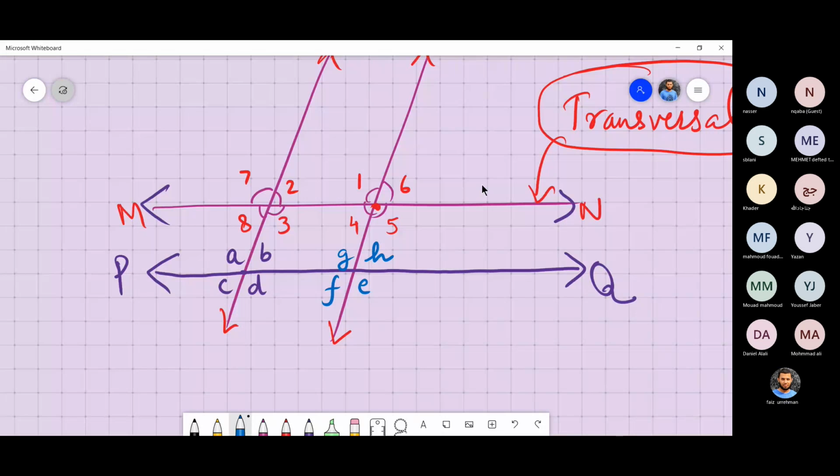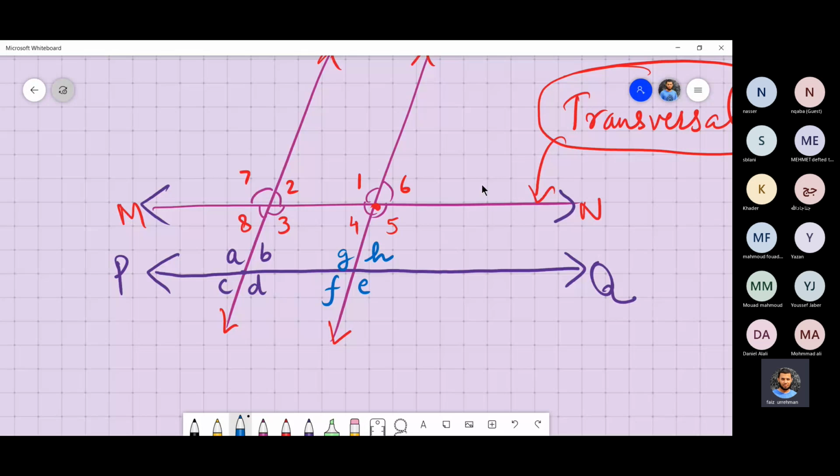Okay. Now tell me the corresponding angle of 6 in red color. What is the corresponding angle for 6? H, yes. Okay, what is the corresponding of 6 in red color?